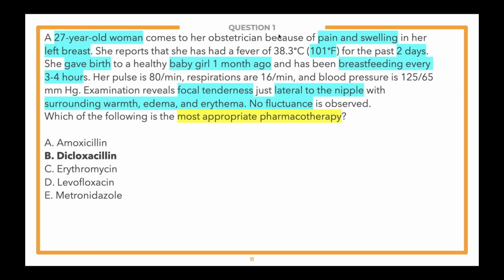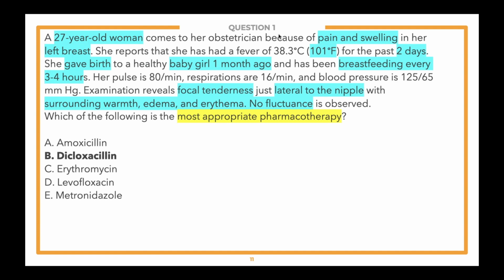Thank you, Sean. Yes, this is answer choice B. So let's take a look at what's going on here in this question. We've got a young female who just had a delivery 1 month ago. She's breastfeeding every few hours, okay? She's got some pain, some erythema, some warmth as well.